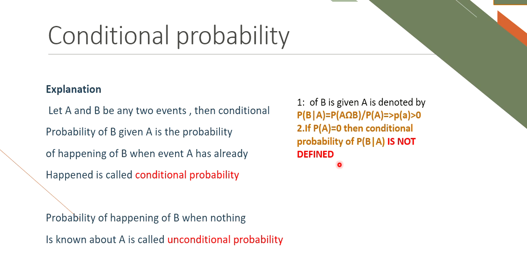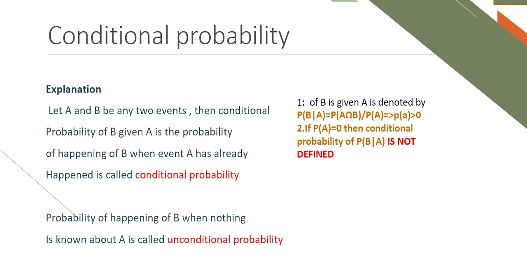If A does not happen, we cannot come to any kind of conclusion. A better example: A is raining, B is cloudy. So B knows A means it is cloudy and it is raining, so we can come to a conclusion. Otherwise, if A is only cloudy, we don't know what B is, so we cannot define it. That is unconditional.